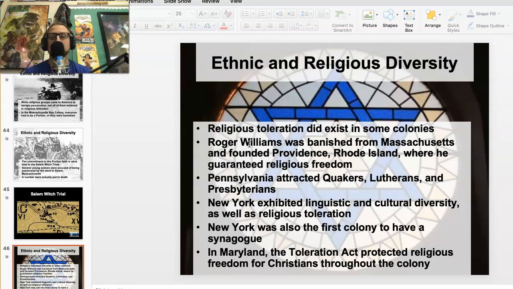And it's the first one to have a synagogue. When I say Jewish people founded New York, sorry, that was a misstatement. Let me correct that. It became where most Jews who were in the New World preferred to live, and therefore it would house the first synagogue, which is a Jewish house of worship.